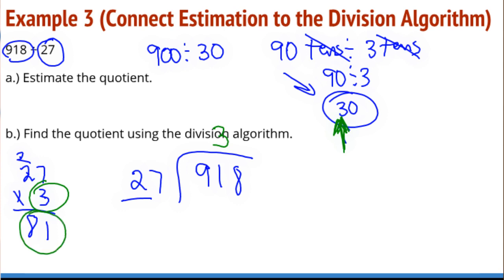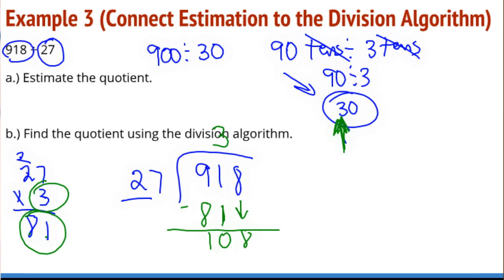And when I multiplied and got 81, this was multiplying by tens, so this 1 goes in the tens place, and the 8 will go in the hundreds place, and I will subtract. And at this point, I can bring down the 108, and I can continue to work.